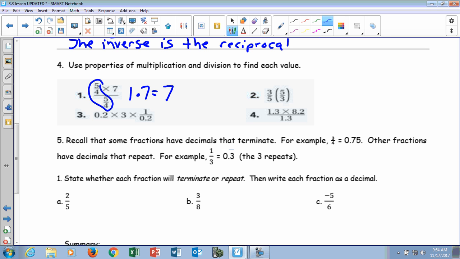What does the multiplicative inverse say, Gracie? Which is? What's 15 over 15? Yeah, our answer is 1. Because again, when I multiply by the reciprocals of each other, it's the multiplicative inverse, which means the answer is 1. What about number 3? Number 3, I actually have this number and this number, which are what?